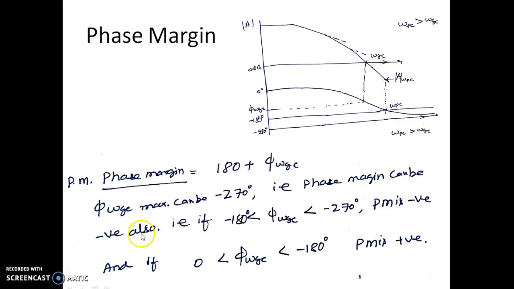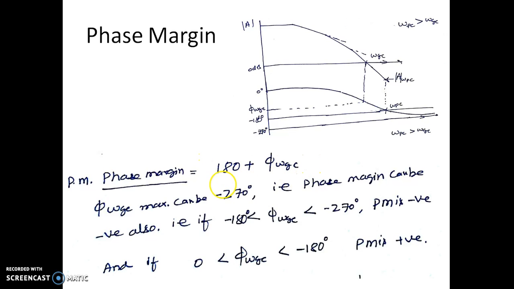That is, phase margin can be negative also, because phi can go maximum up to minus 270 degrees. Here there is a possibility that this phi of omega gc can be more negative than minus 180. When it is more negative than minus 180, say phi of omega gc is minus 220 degrees, then phase margin becomes minus 40 degrees.